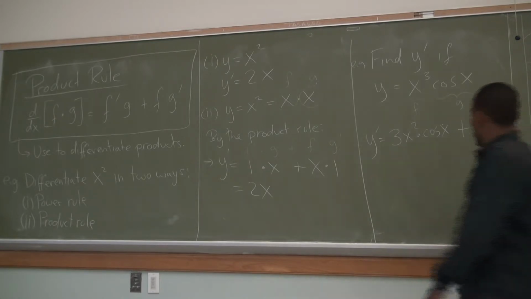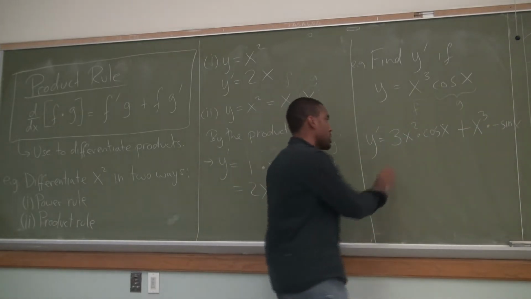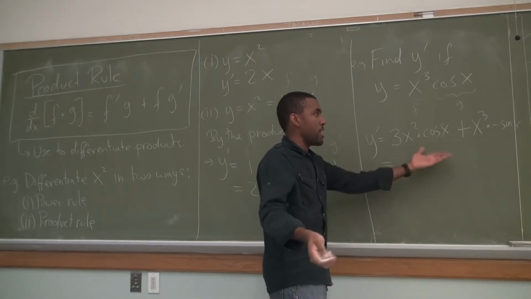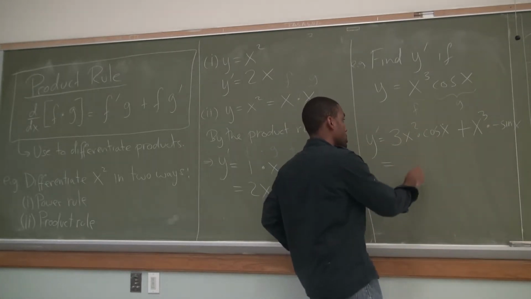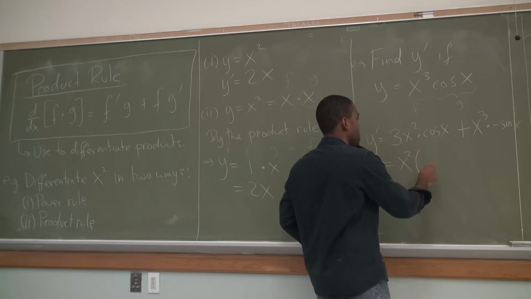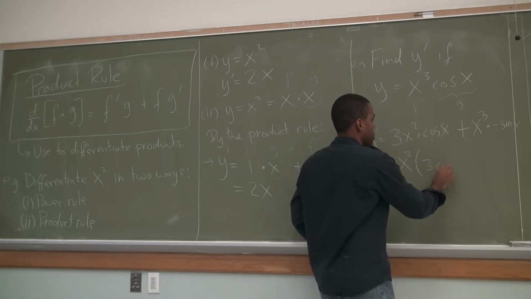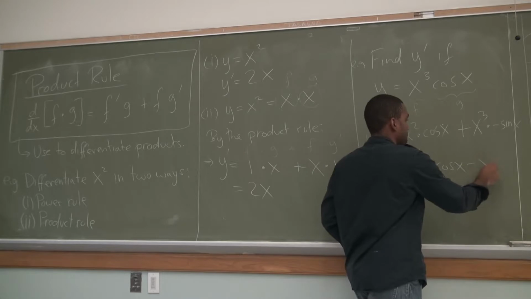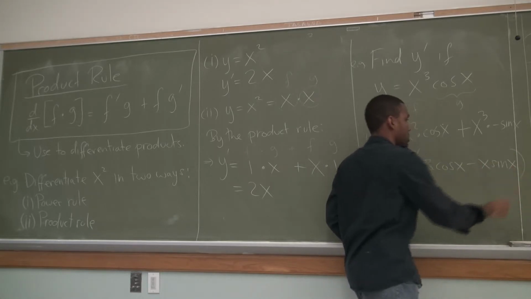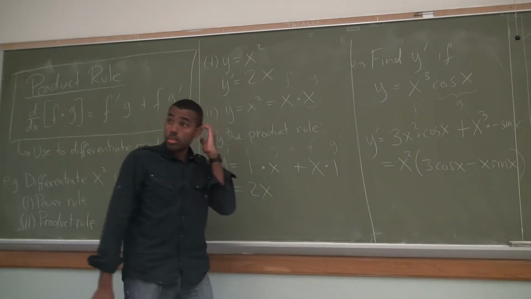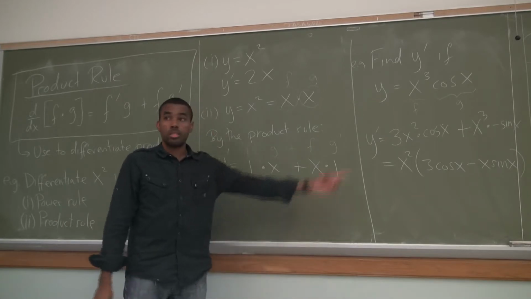You can't do a power rule on a trig function. So now, what can we do? Not much here. You can simplify by factoring out the common term, which in this case is going to be x squared. We're going to be left with 3 cosine x minus x sine x.